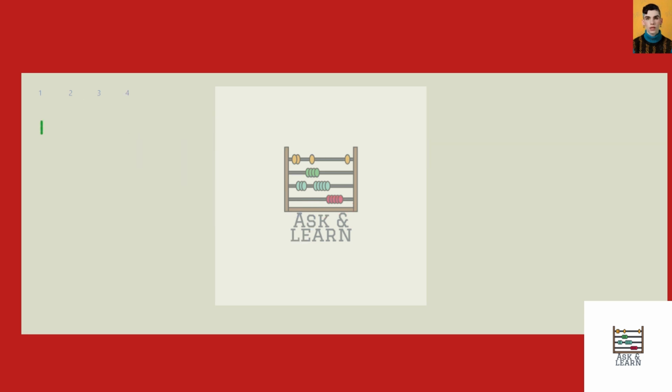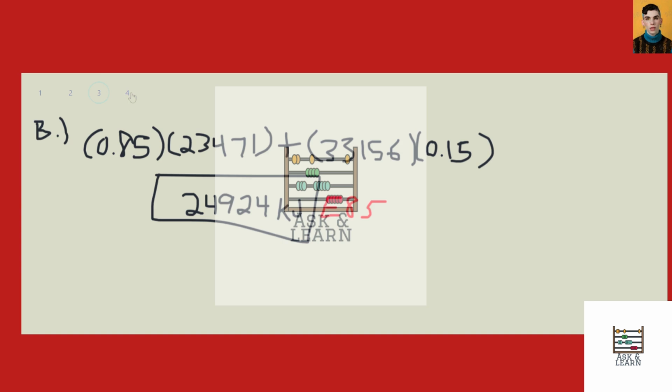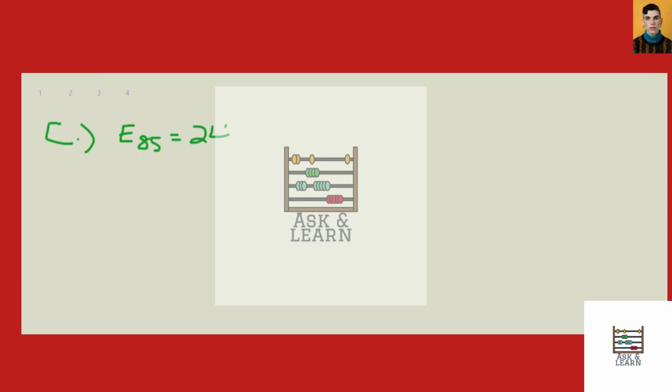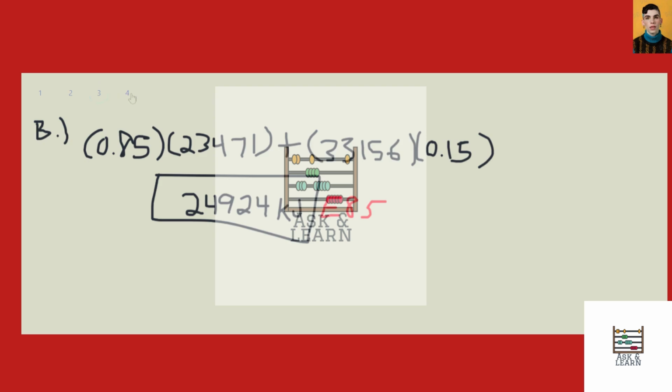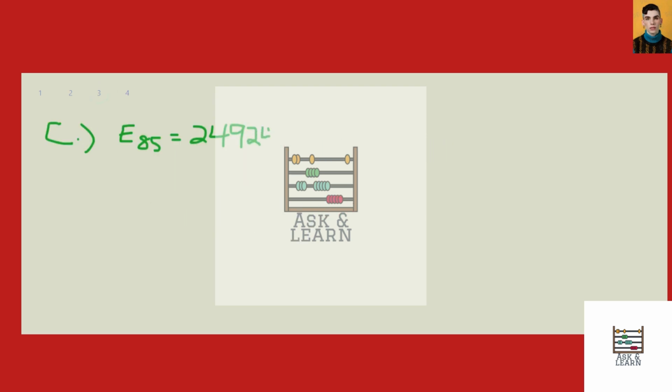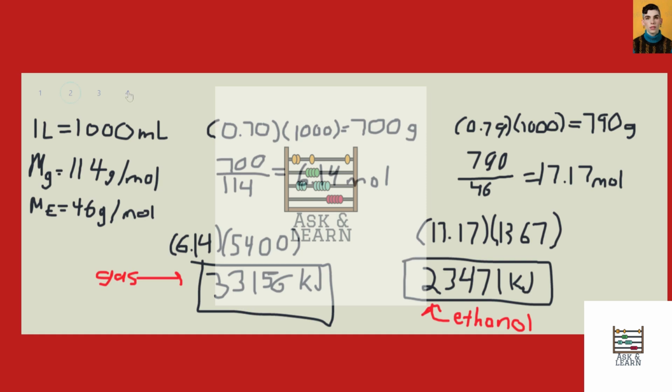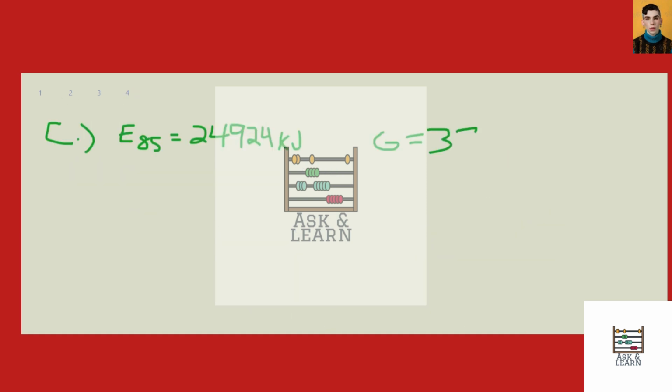We know that the value for E85 is 24,924 kilojoules, and for gasoline, it's 33,156 kilojoules.